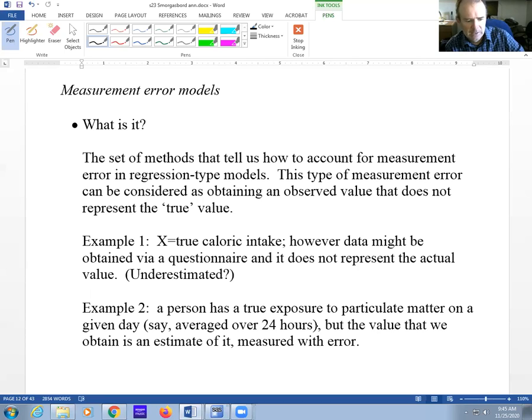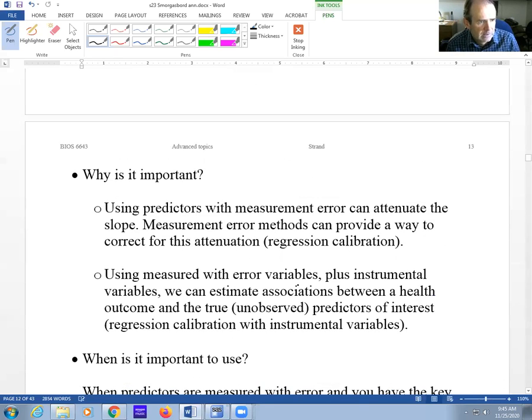Now, if you take particulate matter and you have that measurement on a subject, even if you get the actual amount of particulate exposure, you have to estimate the sources, how much of that was due to cigarette smoke, how much of it was due to outdoor sources. So even if you can get an accurate estimate of the actual exposure, partitioning it into different sources is difficult. So those are just a few motivating examples.